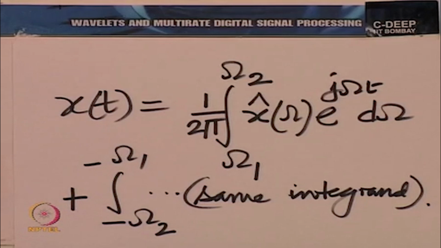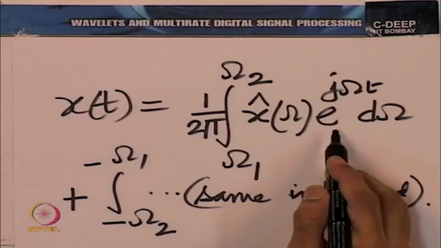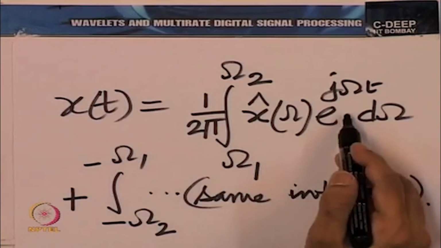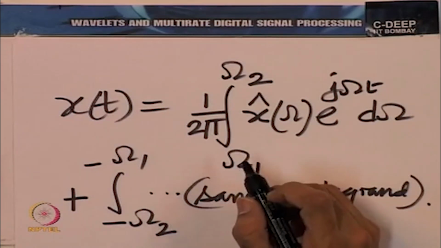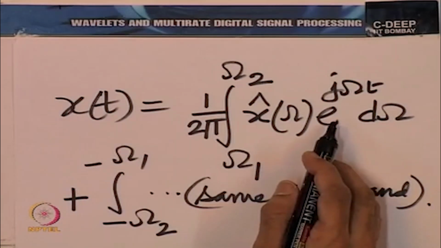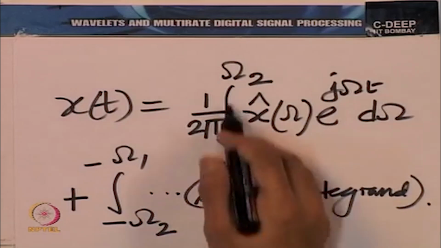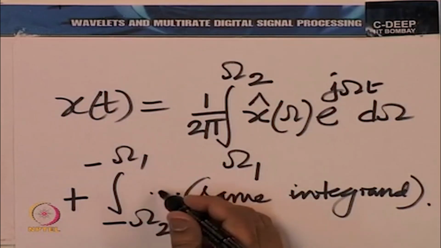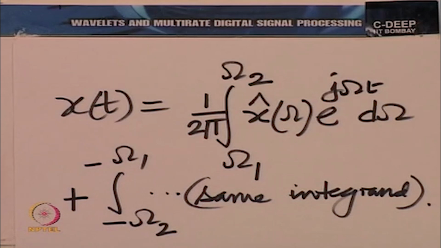Now, the central idea in the proof is the following. I can take derivatives on both sides, and I remember I have a finite integral on both sides. When I take a derivative with respect to time of x(t), then if I look at the integral here, that derivative essentially acts only on e raised to the power j omega t, and that operation of taking the derivative into the integral is valid because this is a finite integral. The same thing holds good for the second integral here.